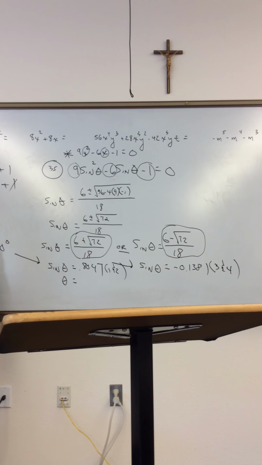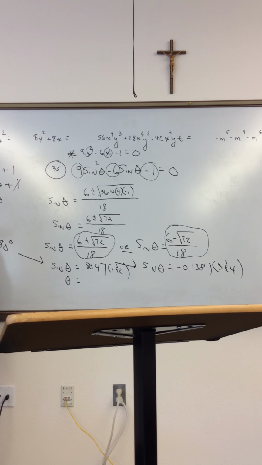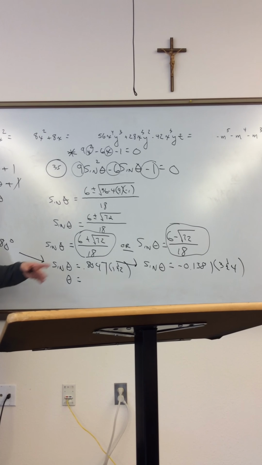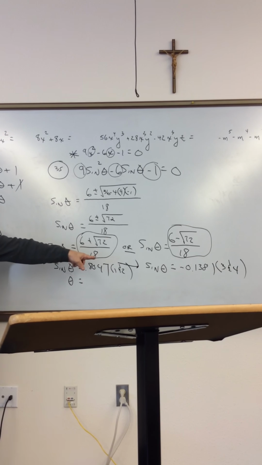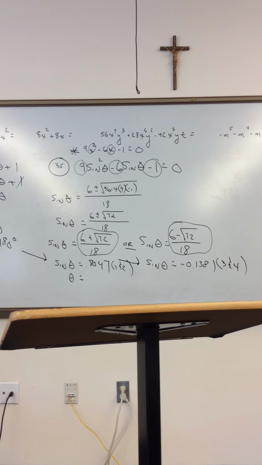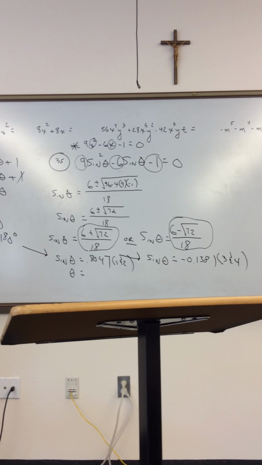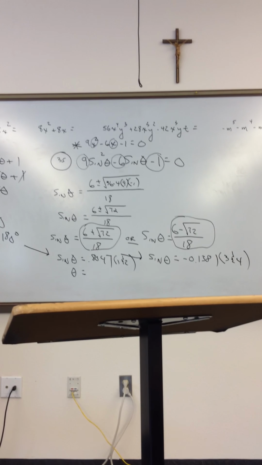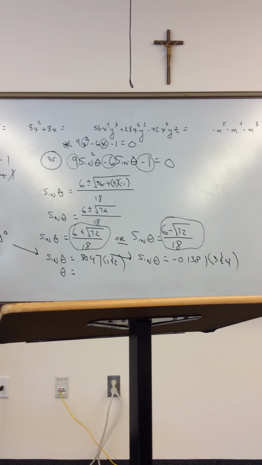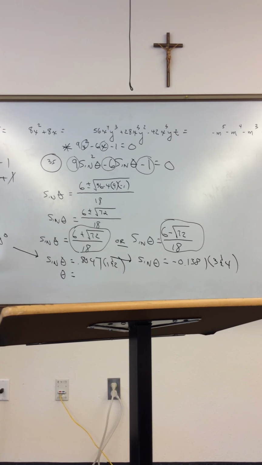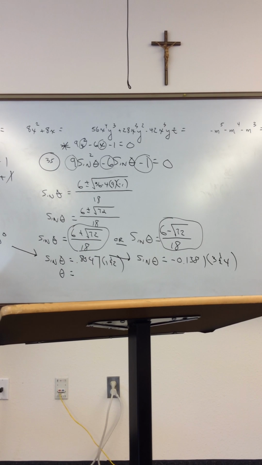If you have the fancier calculators, you go to inverse sine of, and then put that decimal in. What's the angle in the first quadrant? Round it to the nearest tenth. That's good enough.